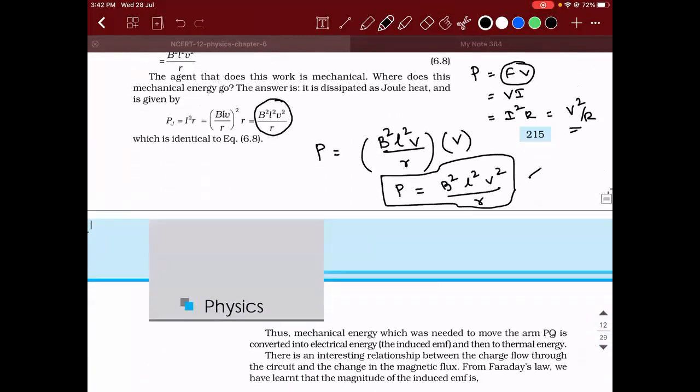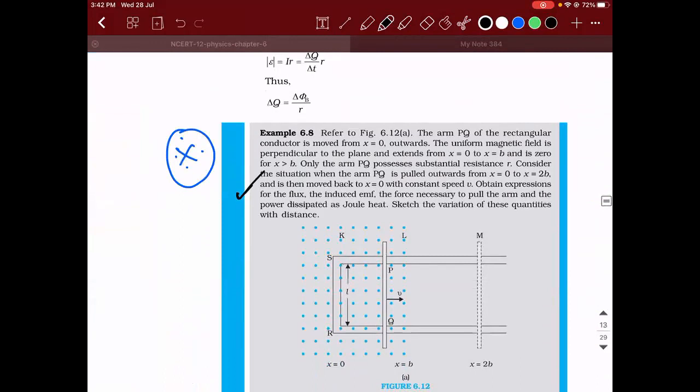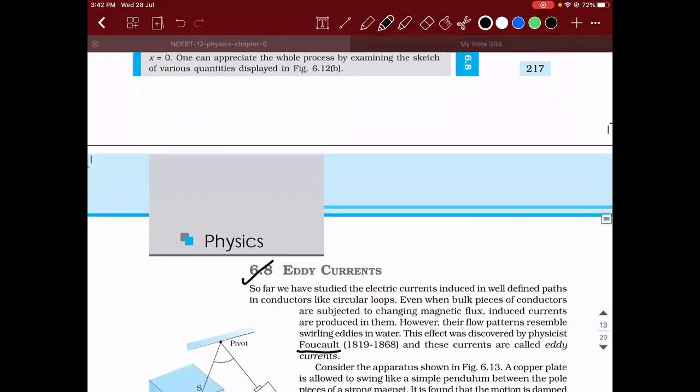Done? Okay. So this problem is important, but we will do it at the end. Or it's slightly confusing if I do it now. We'll do it at the end.